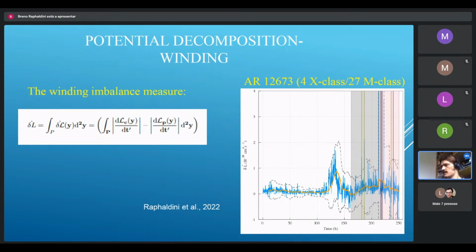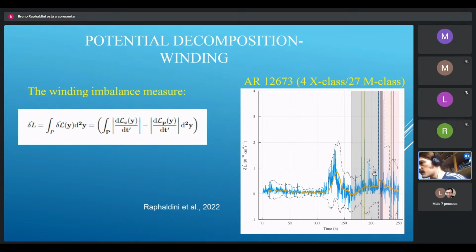There are 2 consecutive X-class flares, one X2 flare and one X9, which is the most intense flare from solar cycle 24. And we see here again this pattern of a bump of imbalance of magnetic winding preceding the start of the activity here in gray, and also preceding the strong flares here.